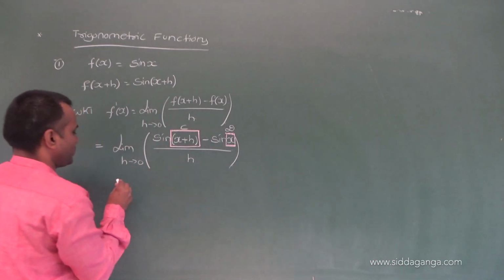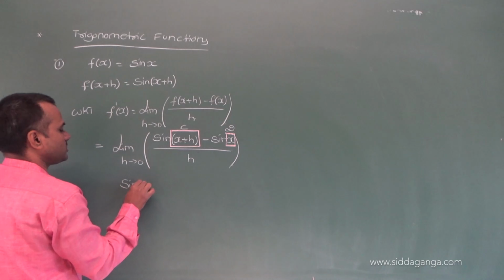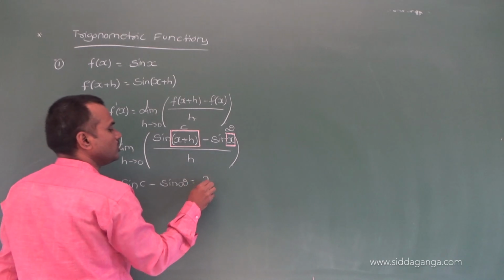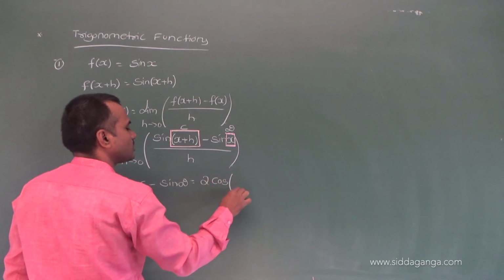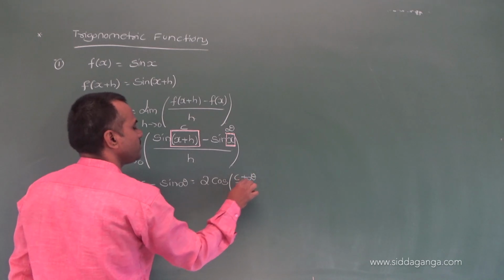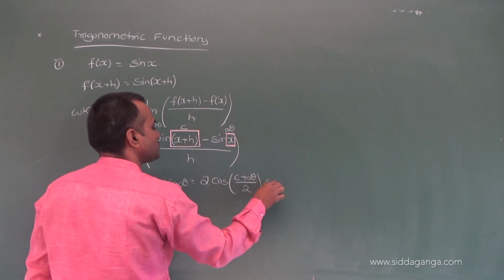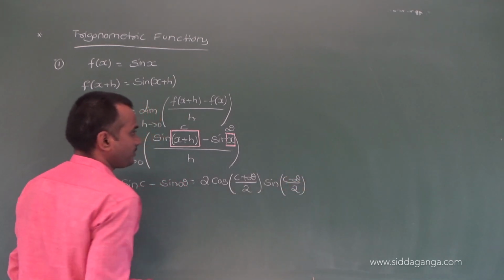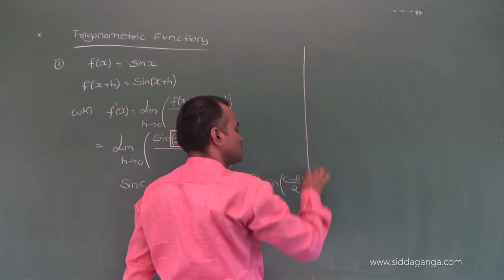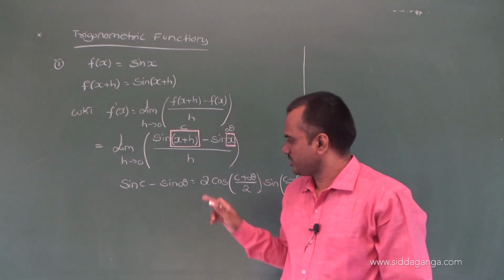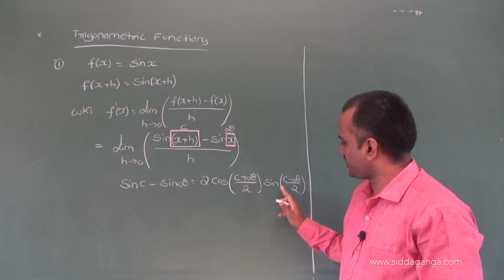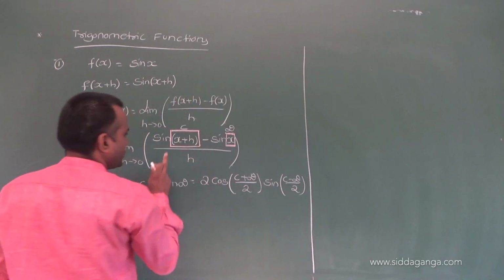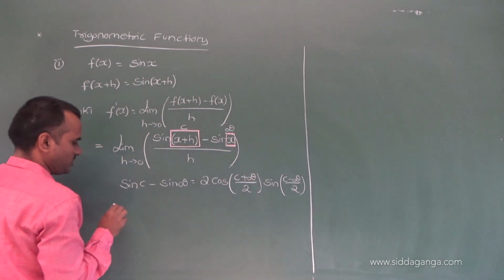Once again I write: sin C minus sin D is equal to 2 cos of C plus D by 2 into sin of C minus D by 2. So this term is C and this term is D.